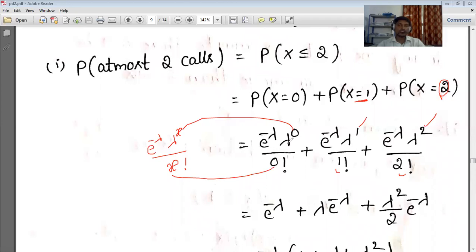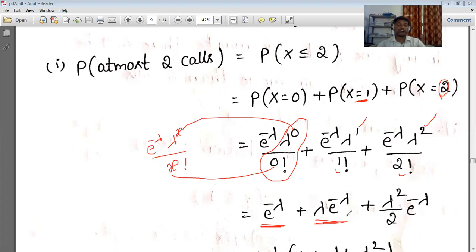Now we are going to simplify this one. This is nothing but how much? 1. Why? Because anything to the power 0 is 1 and 0 factorial is also 1. So for that here it is e power minus lambda. Next, 1 factorial is 1, lambda power 1 is lambda. So lambda e power minus lambda. Next, 2 factorial is nothing but 2, so lambda square by 2 times e power minus lambda.